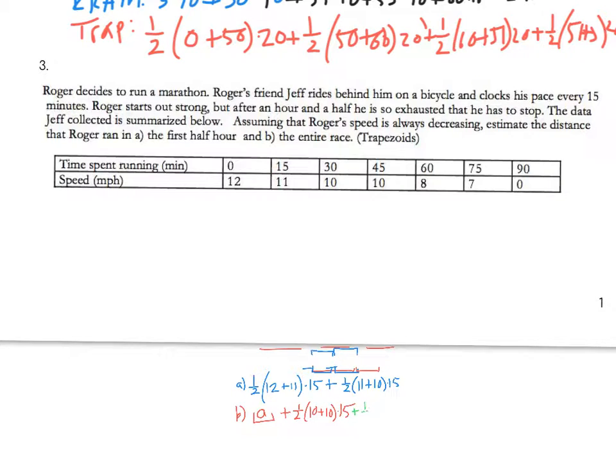And then 1/2, 10 plus 8 with a width of 15, and 1/2, 8 plus 7 times a width of 15, and then 1/2, 0 plus 7 times a width of 15. That would be our area, in other words, the total distance that's traveled given the amount that we have here.